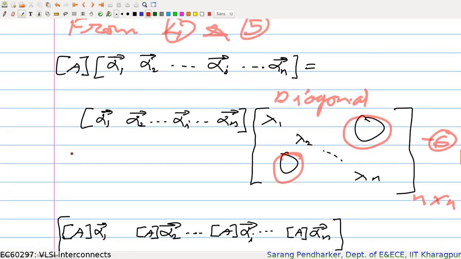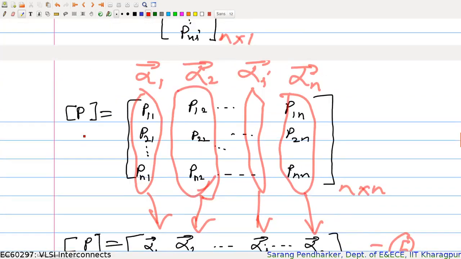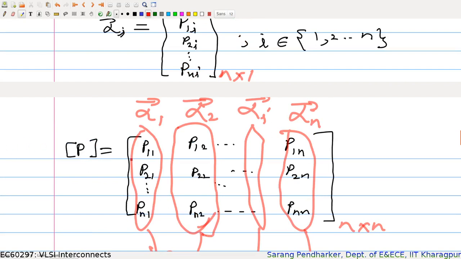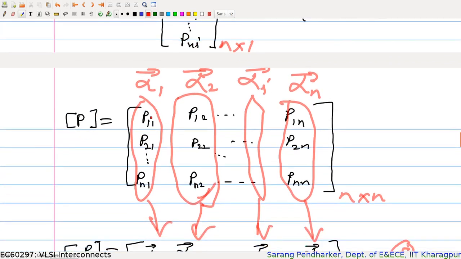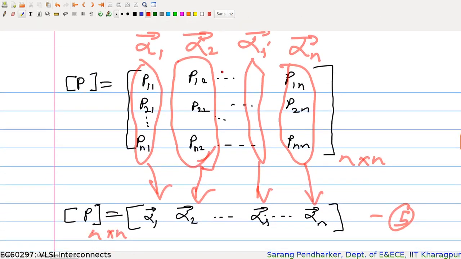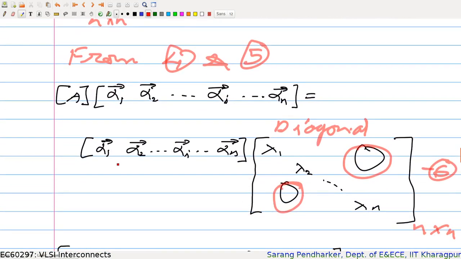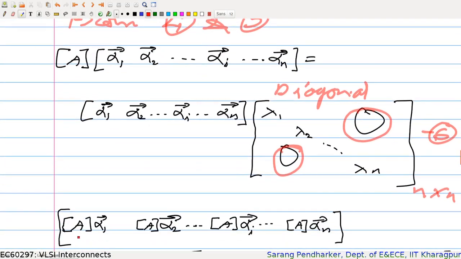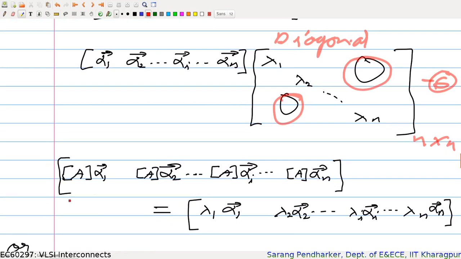Just cross check it for yourself, that if I multiply some matrix A with this, the way this operation works, I can simply write this as the block matrix of these.